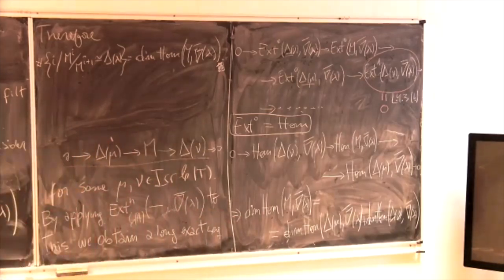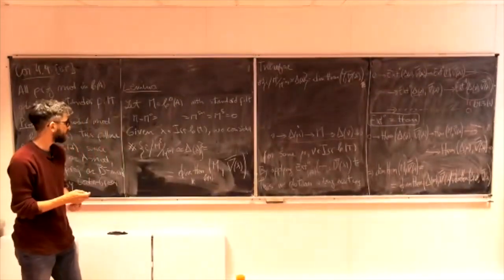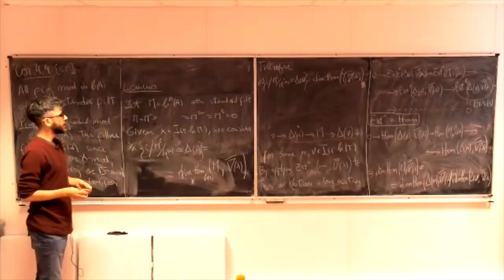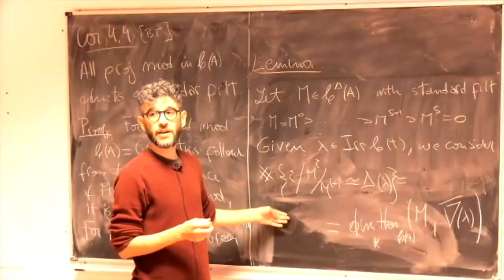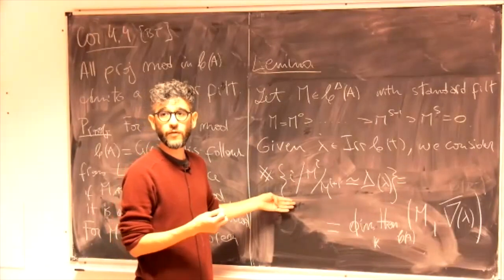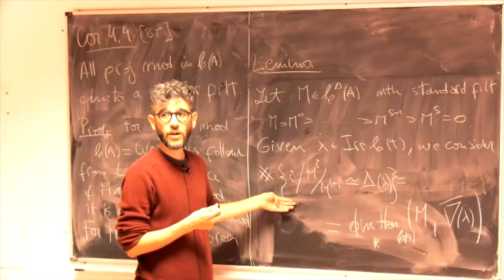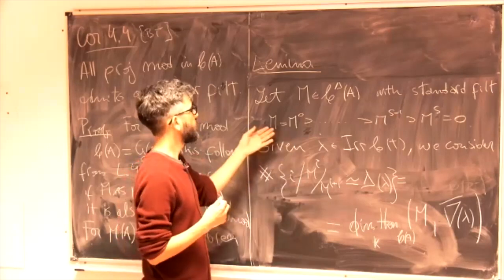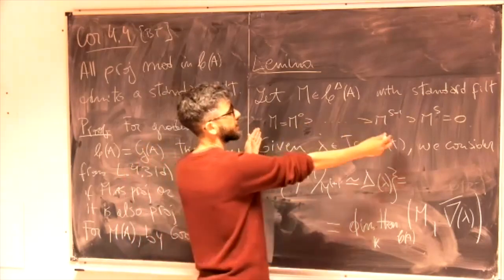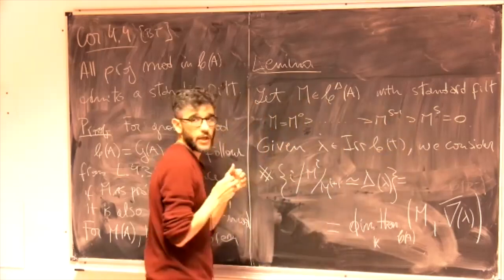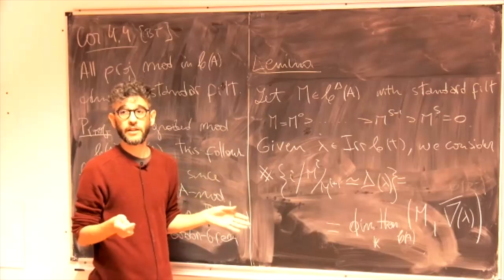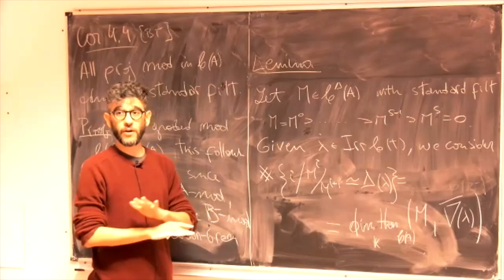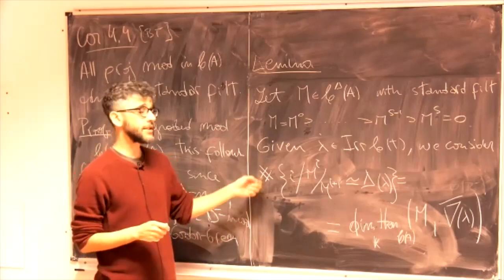20. So just a notation. What is the notation here? You see, because of this lemma, this number does not depend on the standard filtration. A module could have two different standard filtrations, but what is equal for every standard filtration is this number.